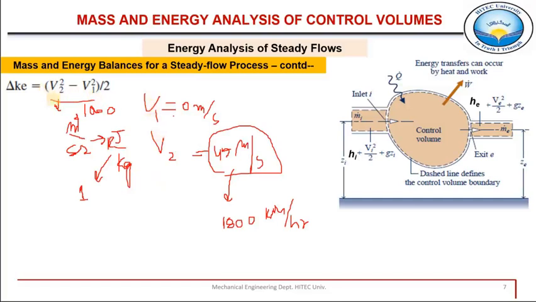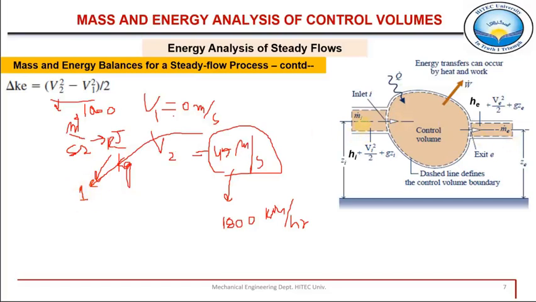So this change in kinetic energy due to the change in velocity from 0 meter per second to 45 meter per second, this huge change in velocity, when you convert it in terms of energy in kilojoules per kilogram, represents only 1. Right. So this value seems to be very small compared to the enthalpy change.